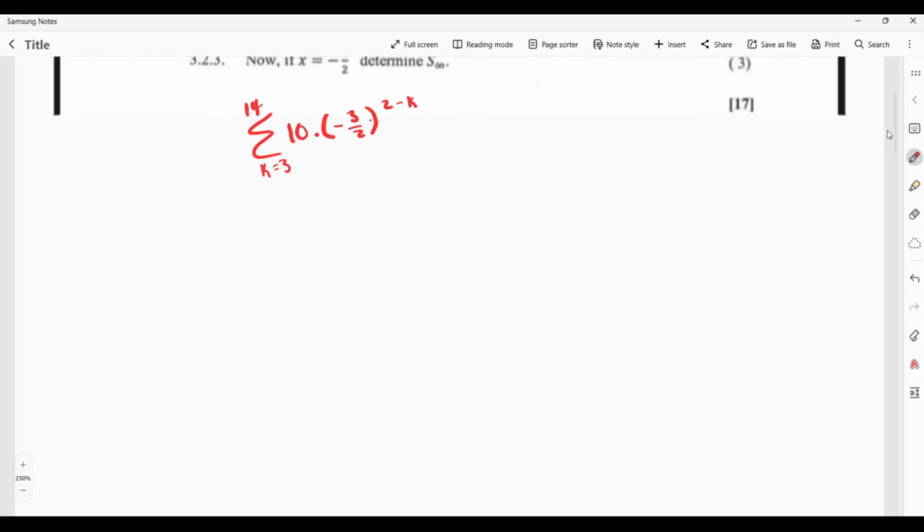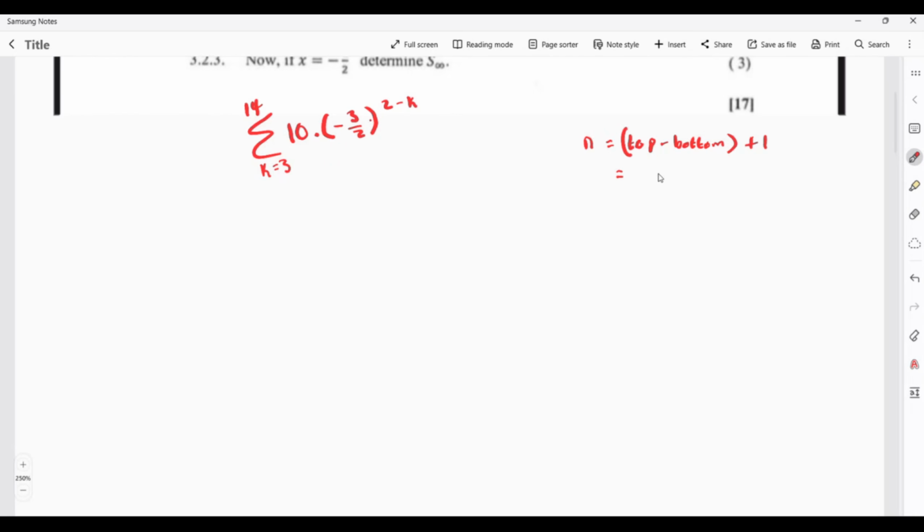In this type of question, we are given the number of terms, so that's the first thing we need to do, to find the number of terms. The number of terms, n, is equal to top minus bottom plus 1. This is the formula for the number of terms.